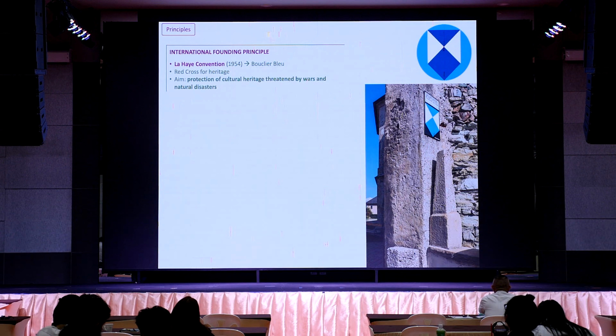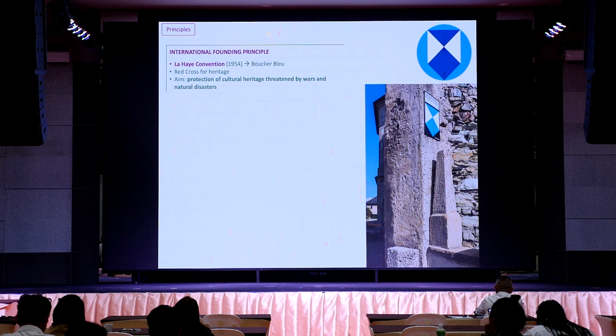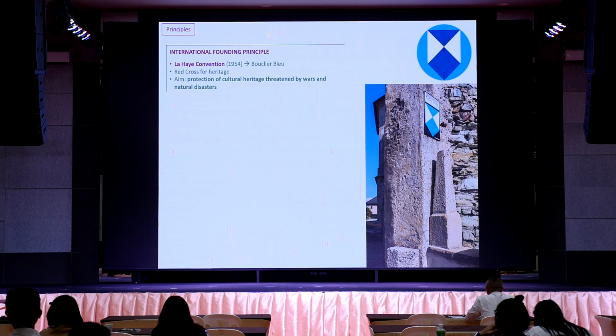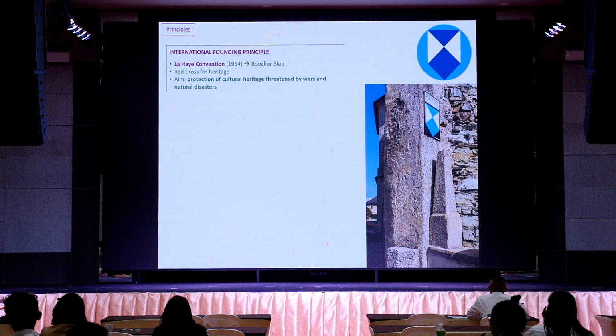So this plan is driven by this institution called the Blue Shield. Actually, the Blue Shield is a bit like the Red Cross of material heritage. And here you have an example of how it works. This site has been identified as a priority to be protected and transmitted to the next generation.